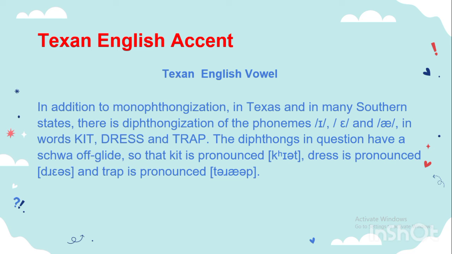In addition to monophthongization in Texas and in many southern states, there is a diphthongization of the phonemes I, E, and A in words of the lexical sets KIT, DRESS, and TRAP. The diphthongs in question have a schwa off-glide, so that kit is pronounced kee-it, dress is pronounced dray-iss, and trap is pronounced tray-ap.